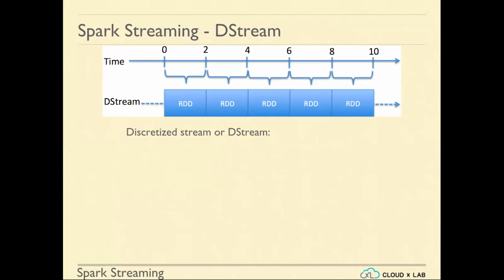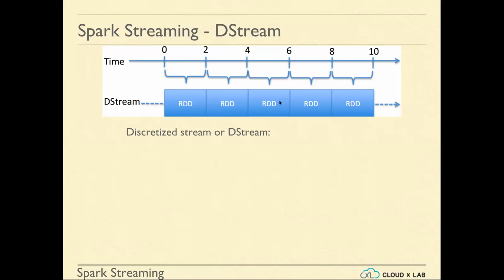There is something called structured streaming; we'll talk about that later. Spark Streaming is basically built around something called DStream. What DStream does is, whatever the inflow of data, it breaks it down into batches, and for each batch of data it creates an RDD, which is nothing but what we studied earlier.